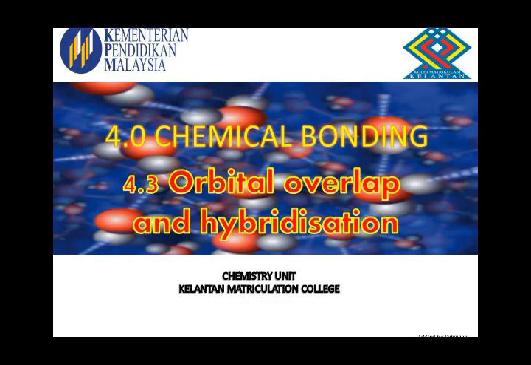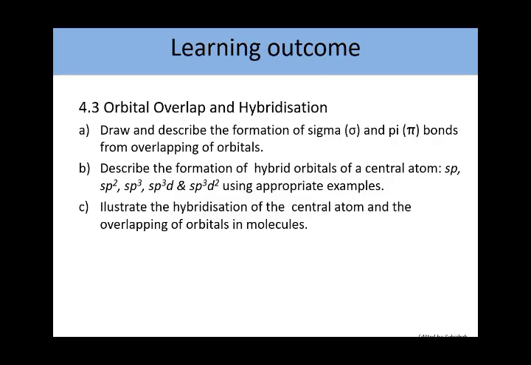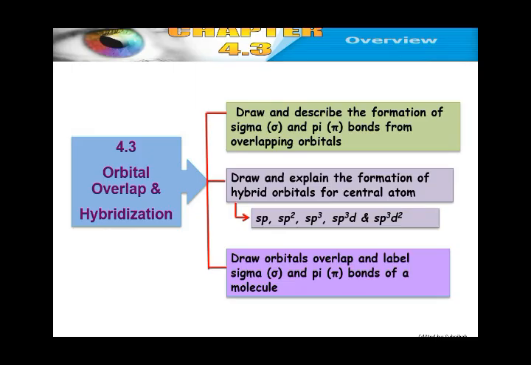Orbital overlap and hybridization. Part A: draw and describe the formation of sigma bond and pi bond from overlapping of orbitals. Parts B and C will be discussed in your tutorial class. Overview for topic 4.3.